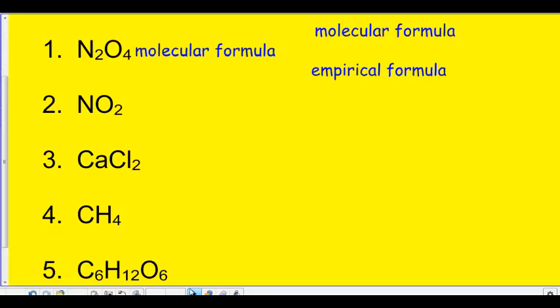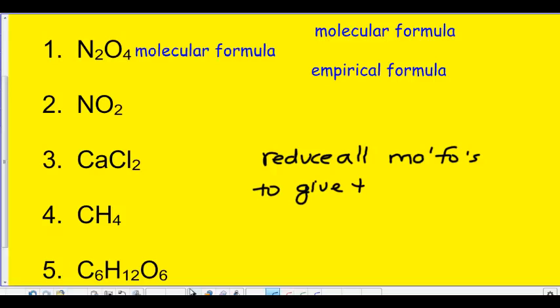Okay? So for tonight, I want you to go through the remainder of these and identify them as either molecular or empirical. And for anything that you write molecular down, I want you to reduce all the molecular formulas to give the empirical formula.